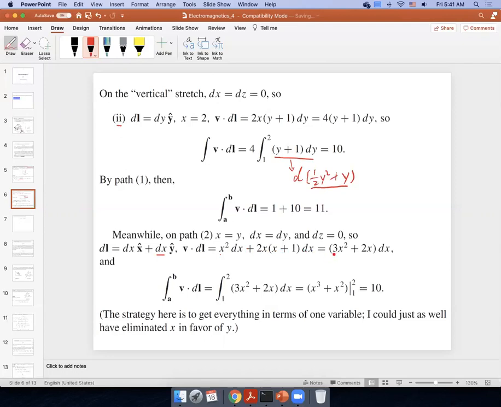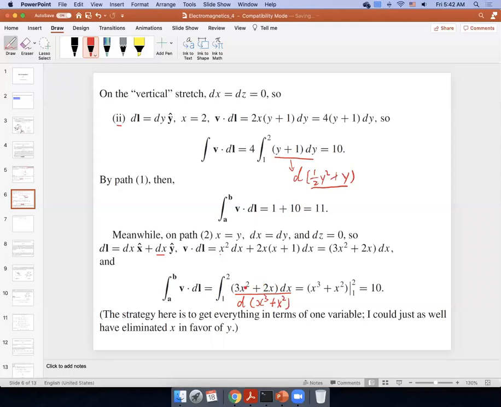Then it becomes 3x squared plus 2x dx. Then let's do the integral from a to b, or from 1 to 2. The integral of 3x squared plus 2x dx equals x cubed plus x squared.